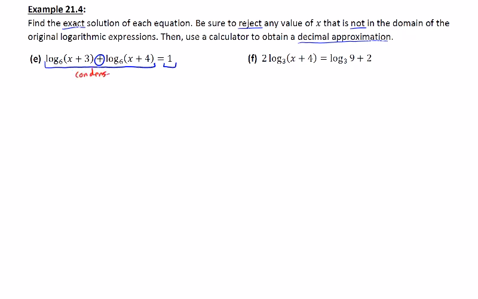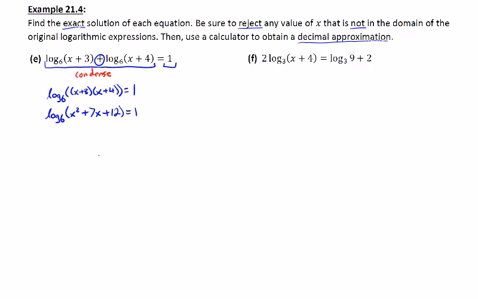But I can still take whatever I have here on the left and condense them together, so that way it just is represented by one single log. So this would be log base 6 of x plus 3 times x plus 4, all equal to 1, which would be the same as saying log base 6 of x squared plus 7x plus 12, all equal to 1.